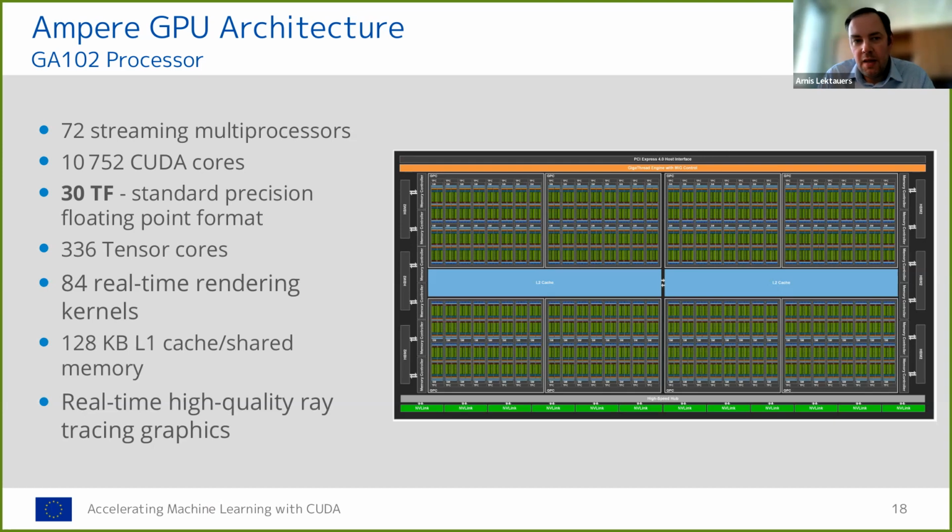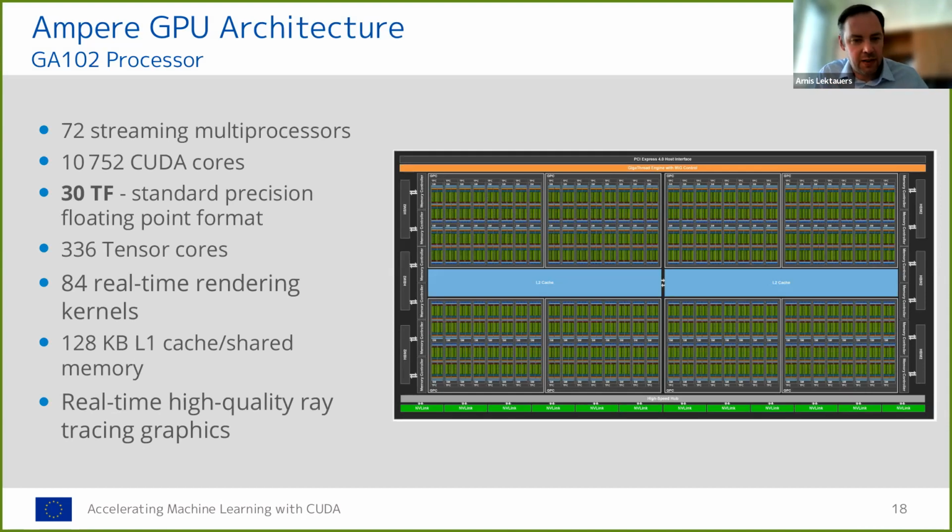What is new from the graphics point of view is that Ampere provides already usable support for real-time cinema quality computer graphics. Actually, the given technology appeared one architectural generation ago.